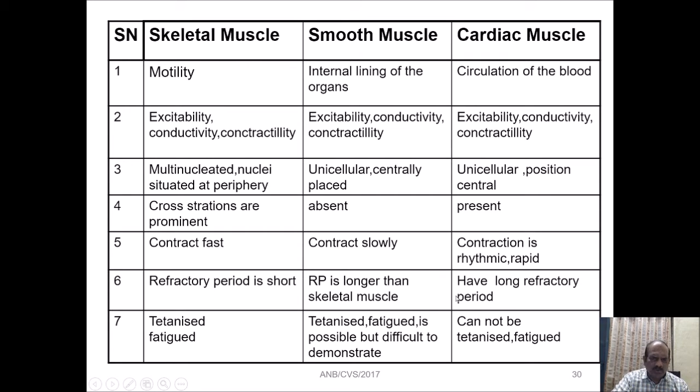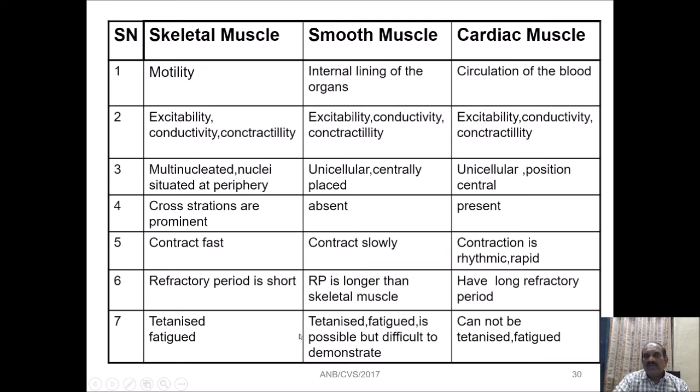It is important that all of you know about the refractory period. In skeletal muscle, it is approximately 10 to 30 milliseconds, and due to this shorter duration of the refractory period, skeletal muscle can be tetanized and can be fatigued.